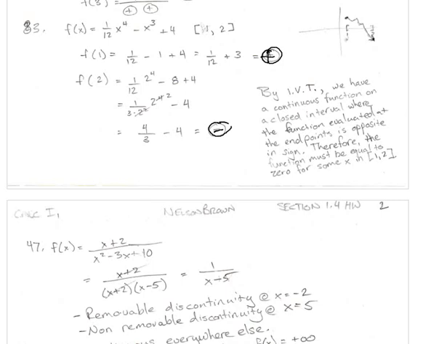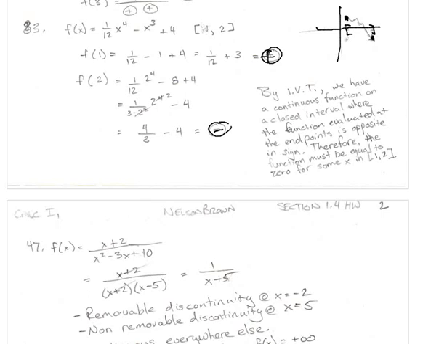So by the intermediate value theorem, we have a continuous function on a closed interval where the function evaluated at its endpoints is opposite in sign. So therefore, I have some kind of continuous function. It starts off being a positive value, and it ends up being a negative value on a closed interval.